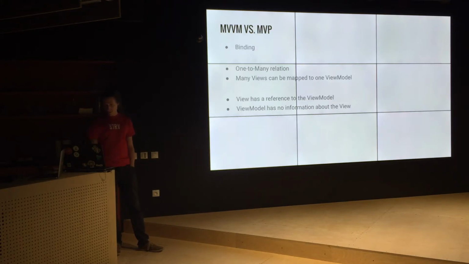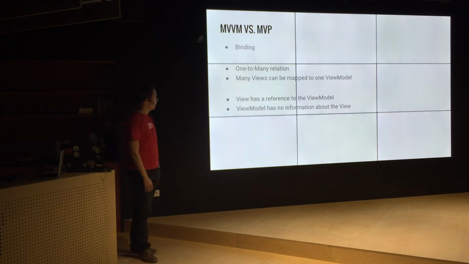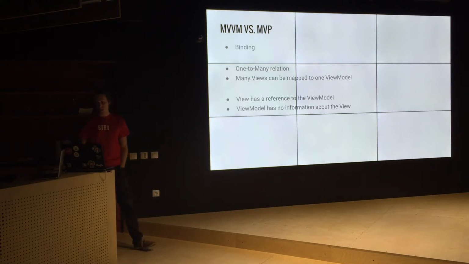So now let's compare MVVM and MVP. There are some differences. The main difference is that MVVM uses binding, and MVVM is basically an event-driven architecture. So for example, I have some data, and those data are changed. View model notifies the view, and view displays those changes.